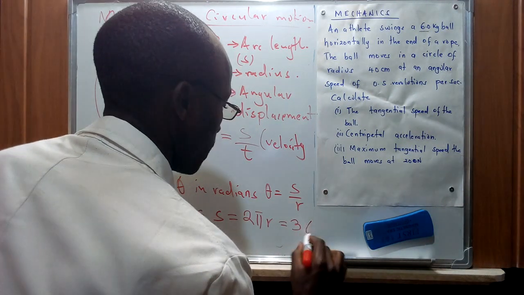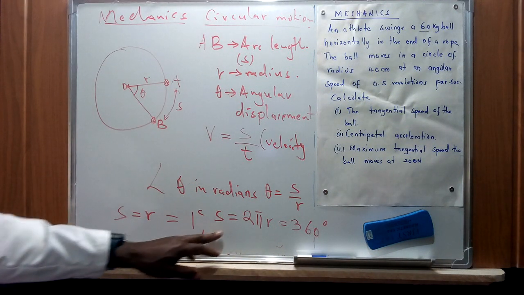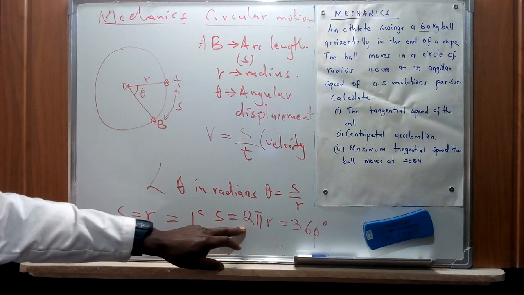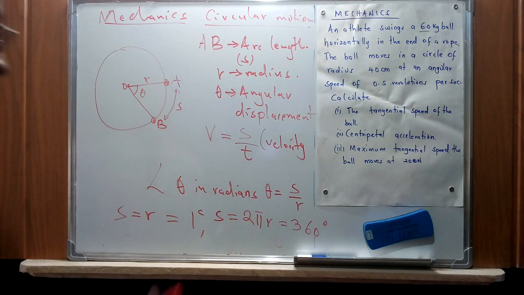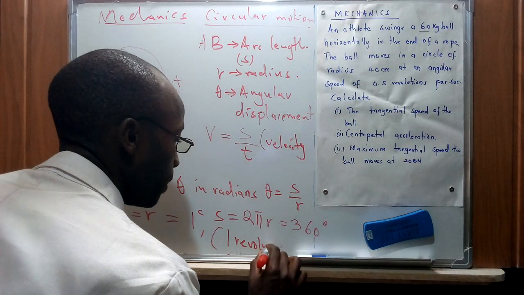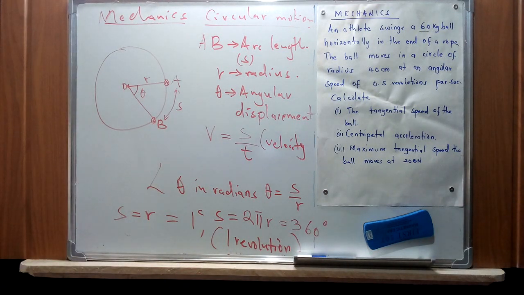We know that a full circle has 360 degrees. So if the displacement in degrees is 360 degrees, that is equivalent to the circumference. That is referred to as a single revolution, 1 revolution. So 1 revolution is equivalent to 2 pi r, or 360 degrees.